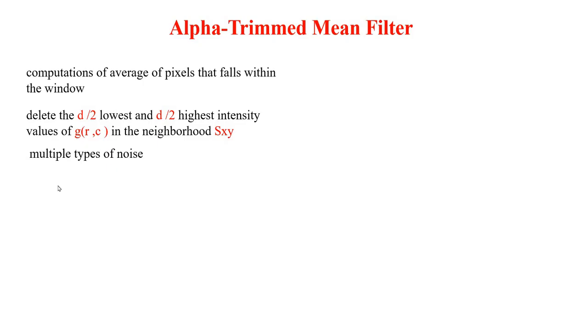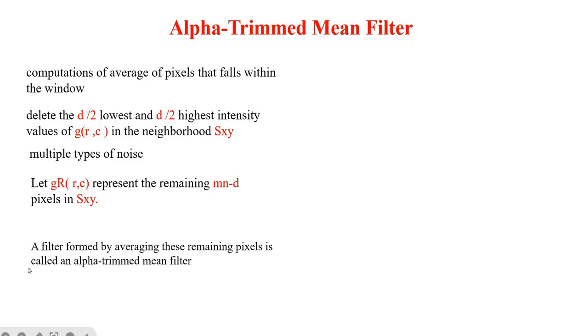If g r of r comma c represents the remaining mn minus d pixels in the neighborhood S of x comma y, then a filter formed by averaging these remaining pixels is called the alpha trimmed mean filter.